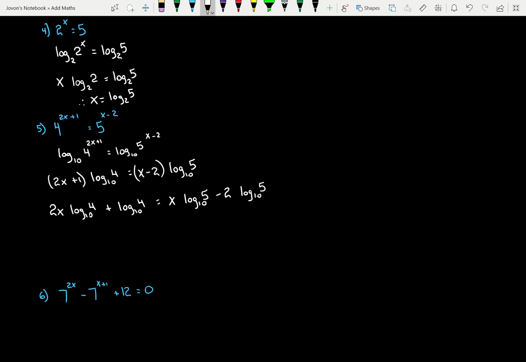Okay, now we have this. Whenever we solve it, remember we want to find the unknown variable on one side. So what we're going to do is put all the x's on one side and all the constants on the other side.